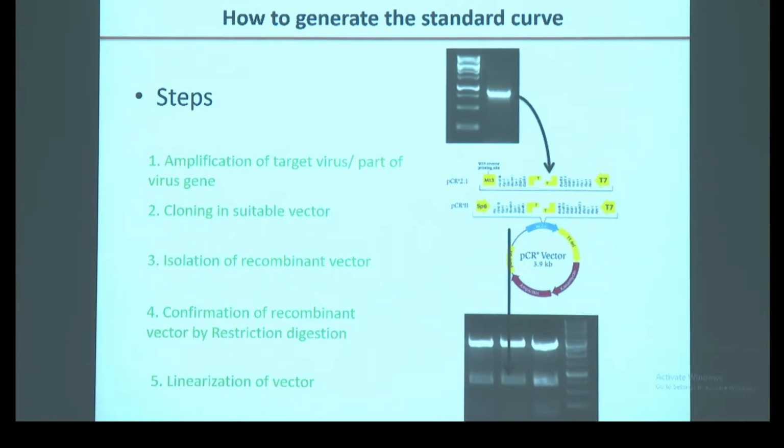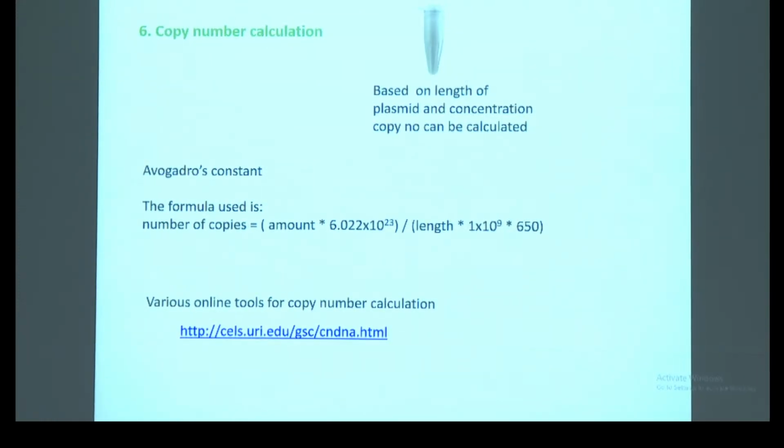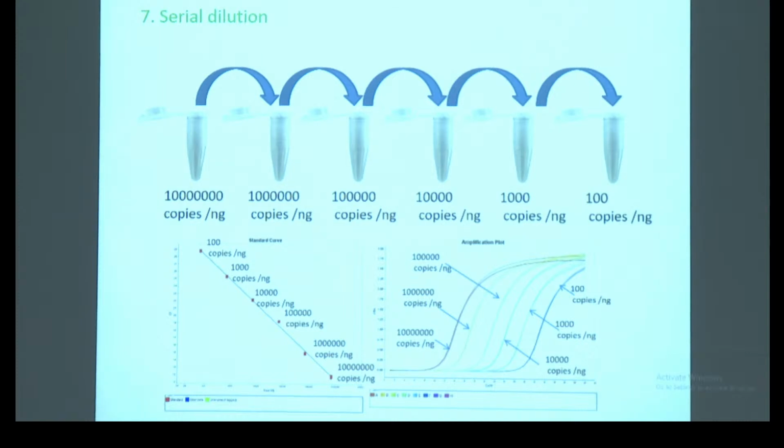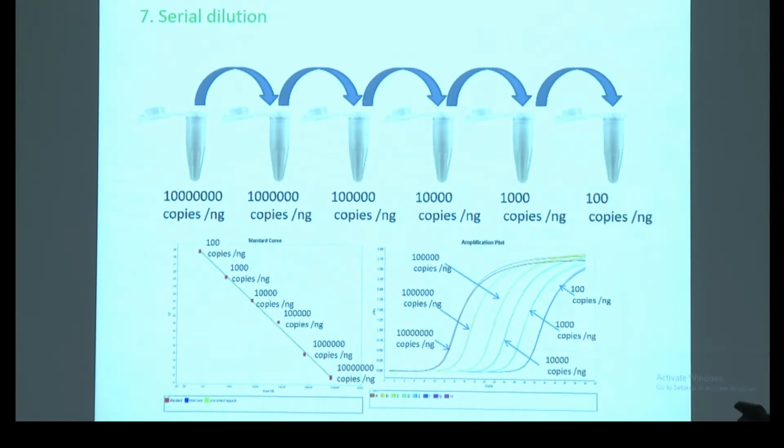So based on the total length and quantity in that tube in maybe nanogram, we can calculate the copy number in that tube. Now I know my first tube is having 10 की power 7 copies of DNA. Now I can dilute it.